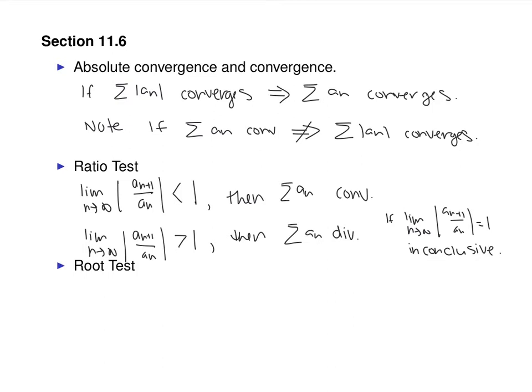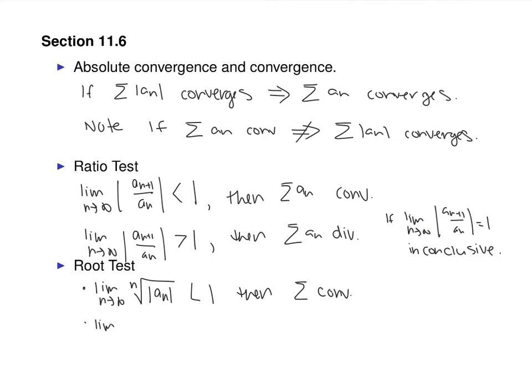And the root test is very similar to the ratio test. So first, if the limit as n goes to infinity of the nth root of the absolute value of the nth term is less than 1, then your series converges.